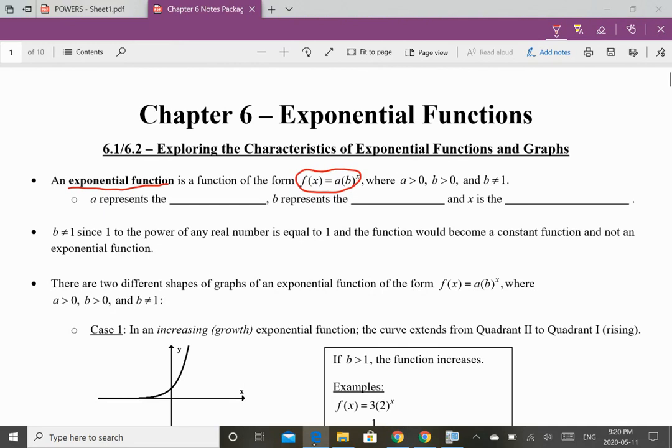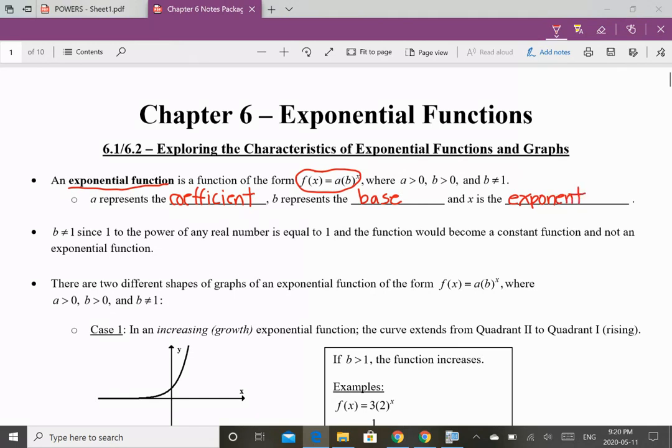A and b are parameters, which means when we look at these functions, a and b will be numbers. A represents our coefficient. It is the number in front. It has big implications when we go to look at the graph, but a is our coefficient. b also has implications when we talk about the graph of an exponential function. b is the base, and x is our variable, and it's the position of x that's important. x is the exponent.